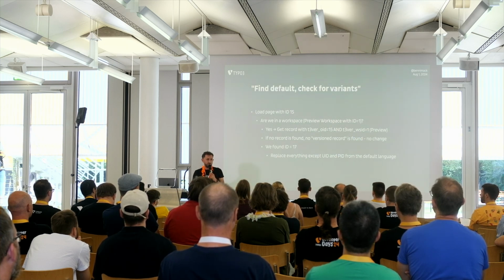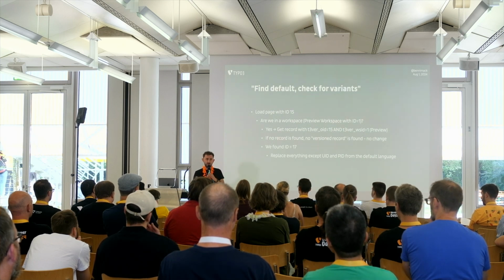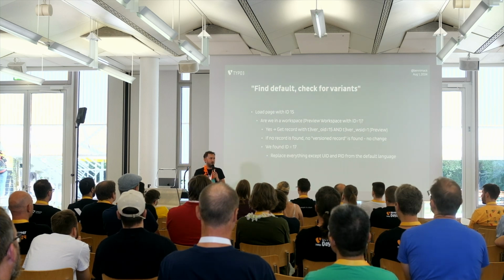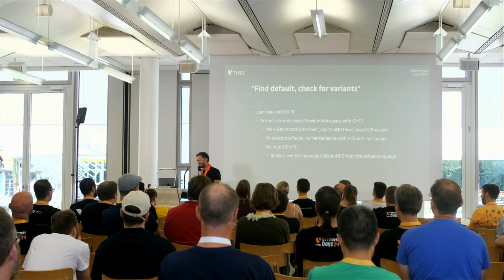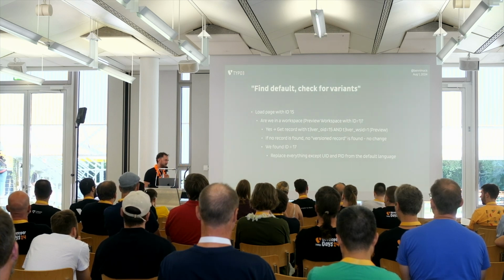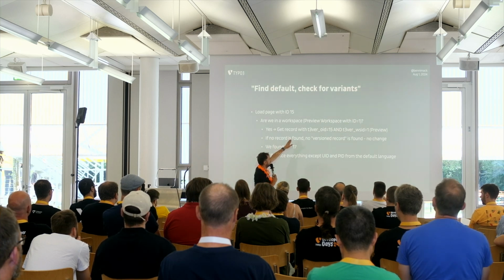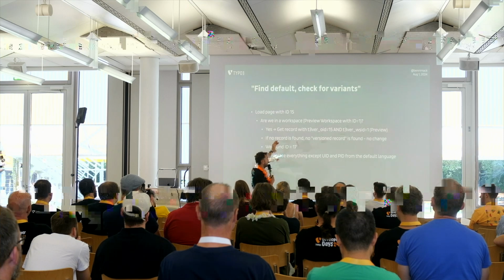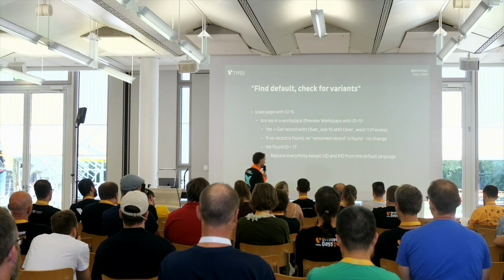And if there's no record found, and this happens to all records if you're in a workspace, so if you imagine you have a page with, I don't know, let's say 20 news records that get rendered, we always check all of the news records one by one if they have a different version in the versioned record. That's how I call it. If there's nothing found, we'll just keep the online version.